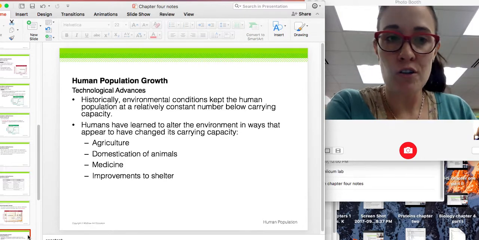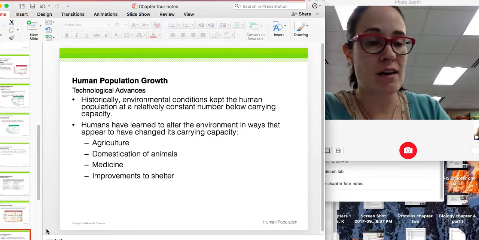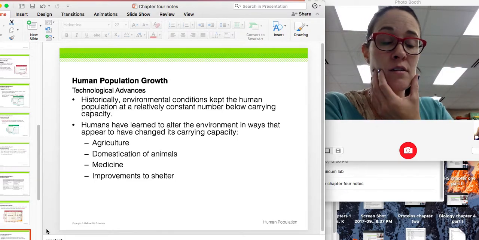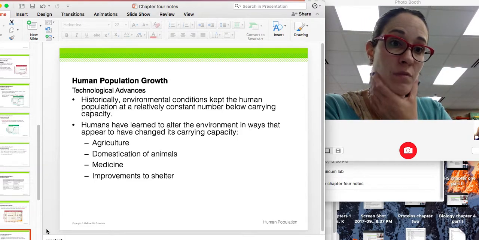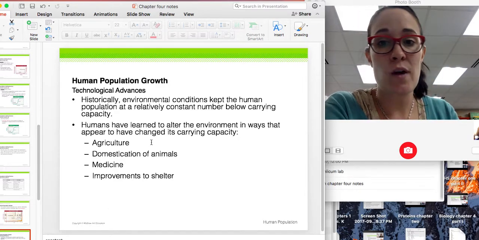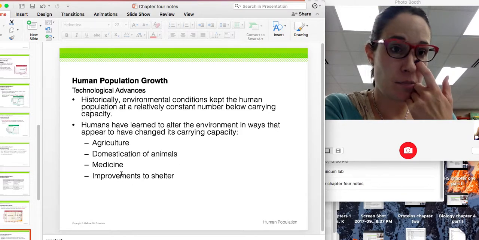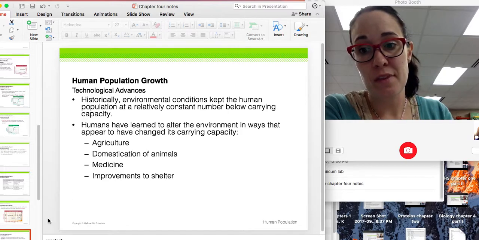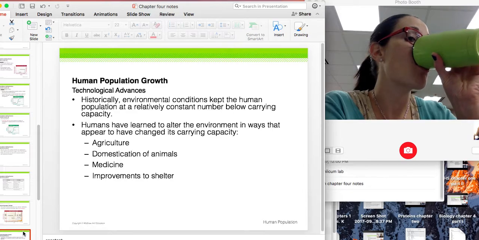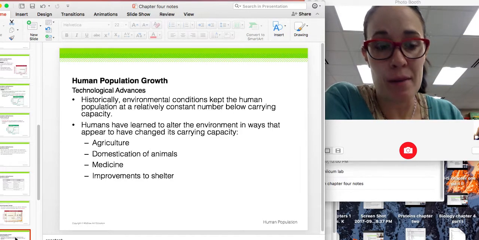We've learned how to alter our environment to overcome some limiting factors, or to raise our carrying capacity, or to make us live longer, make it easier to give birth, things like that. So agriculture advances, domestication of animals, medicine, improvements to shelter, all of these things have allowed humans to live longer, which increases the population numbers.